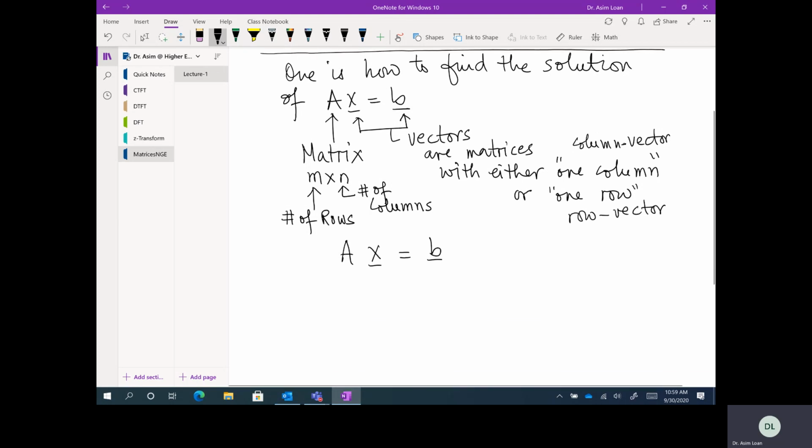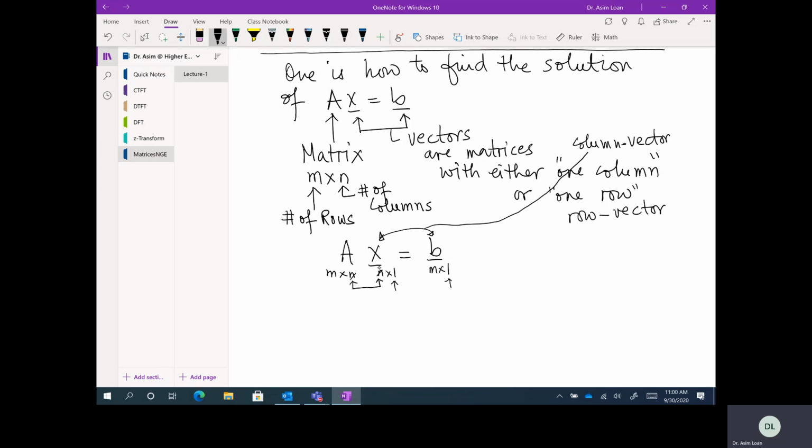The multiplication rules imply A is M by N. X has to be N by 1. So these are the same. And then obviously B is going to be M by 1. Since the number of columns is 1 here, both are column vectors.